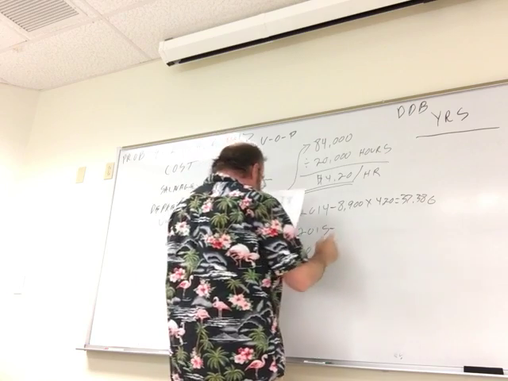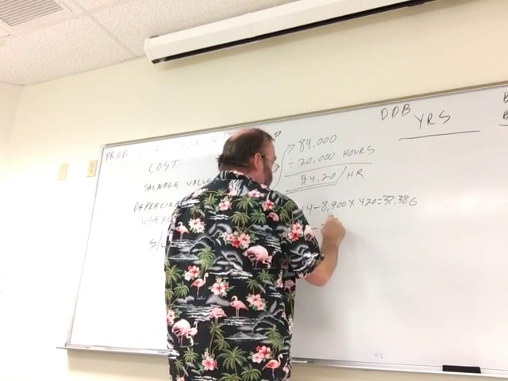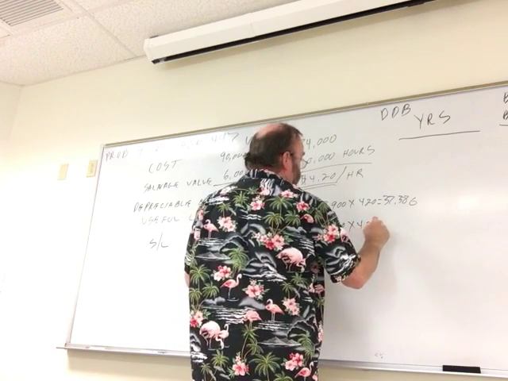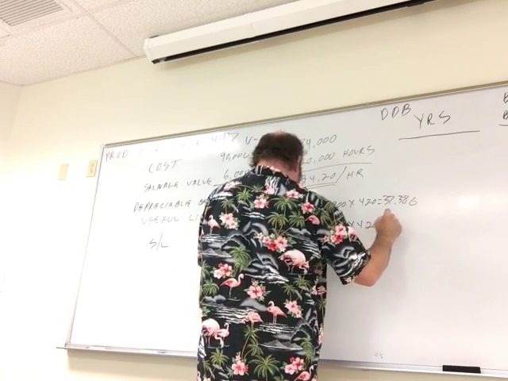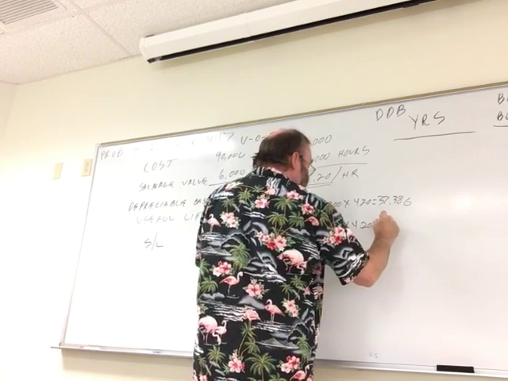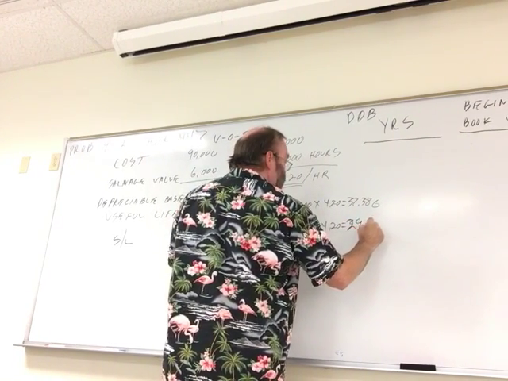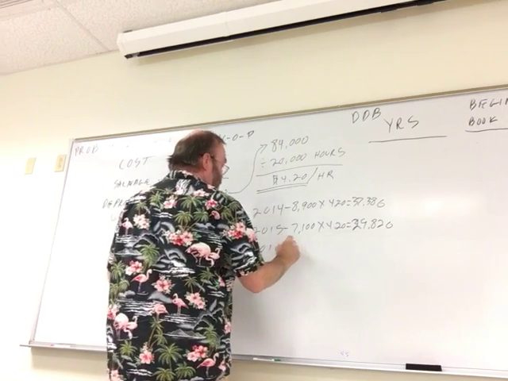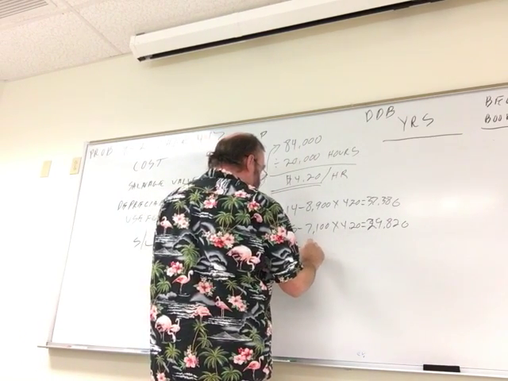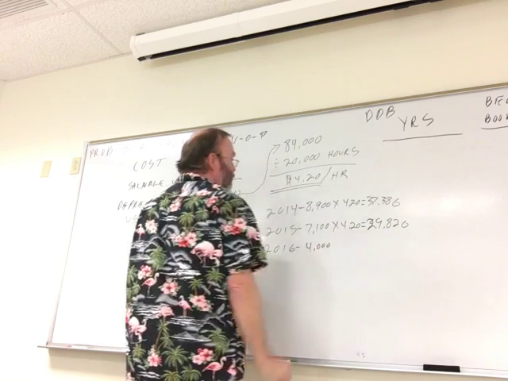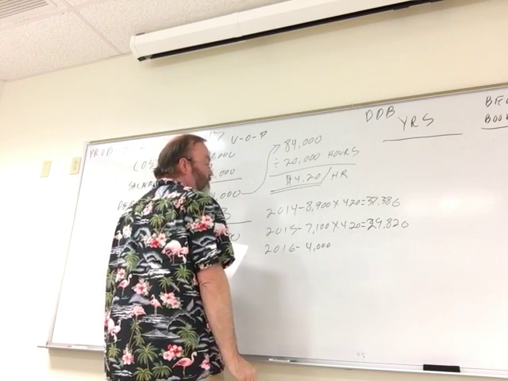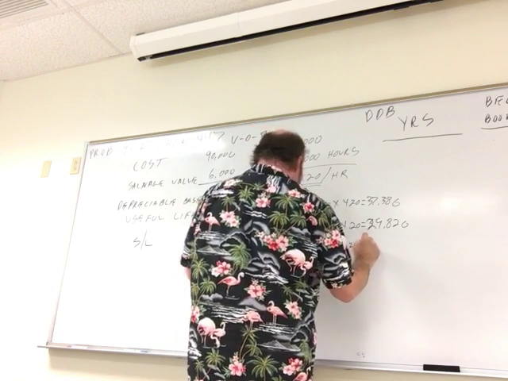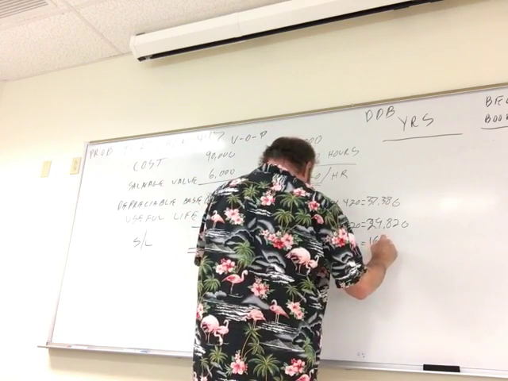In 2015, we got 7,100 hours out of this machine times the same $4.20, for $29,820. And then last year, the final year, we got 4,000 hours out of it, times $4.20, and that is the remaining $16,800.